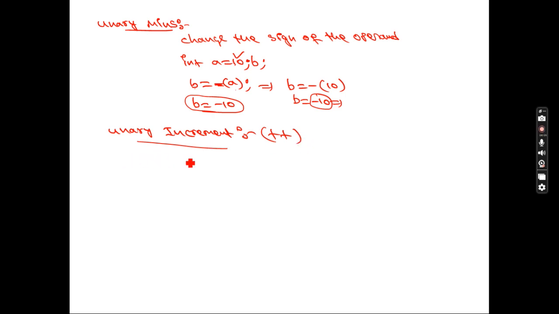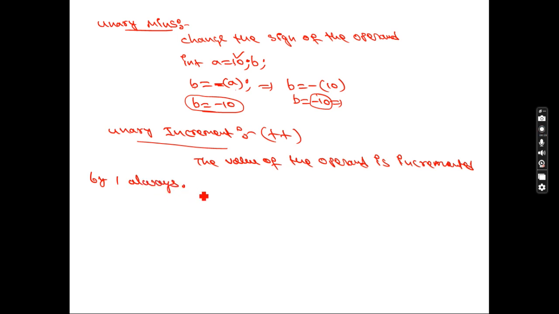Same definition: the value of the operand is incremented by 1, always. Every time, it will increment the value of a.